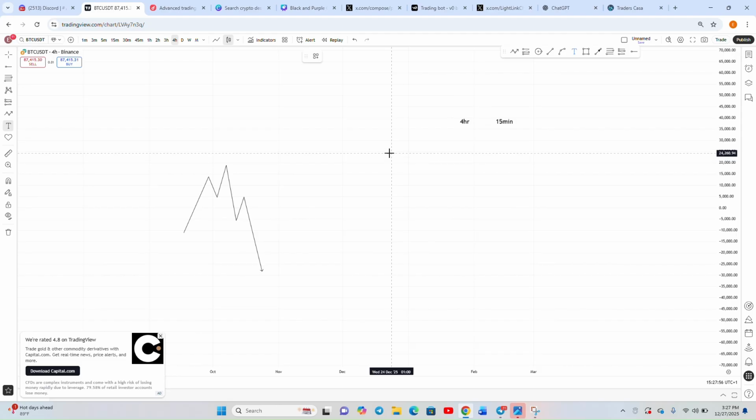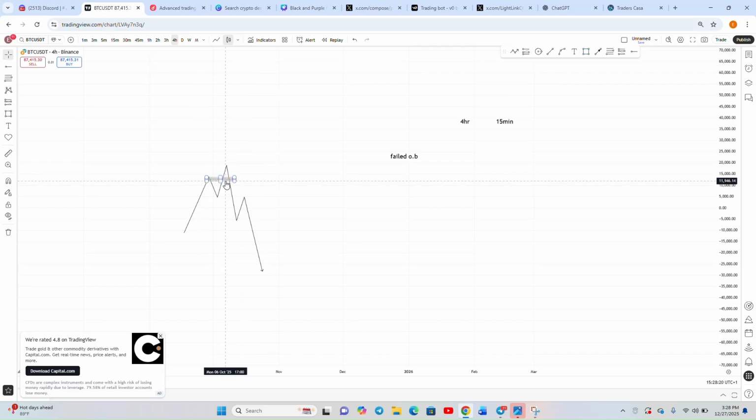First thing first, on the 4-hour time frame, I want to see a failed order block. So where is the failed order block on this chart? This is the failed order block here.